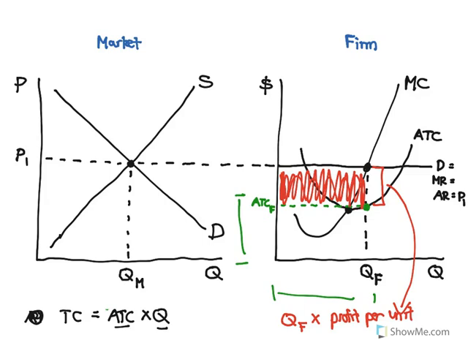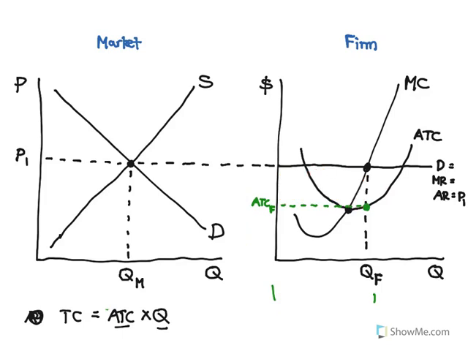So one really quick way, and let me undo all of my scribbles. One way to know whether you have a profit or not, really quickly, just by looking at the graph, is if your price is greater than average total cost at QF, then you have a profit, right?